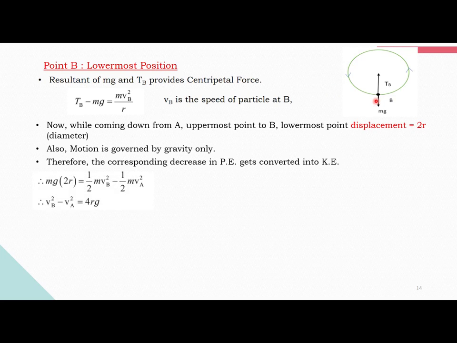Therefore, mg twice r is equal to 1/2 mVb square minus half mVa square. Therefore, Vb square minus Va square is equal to 4Rg.